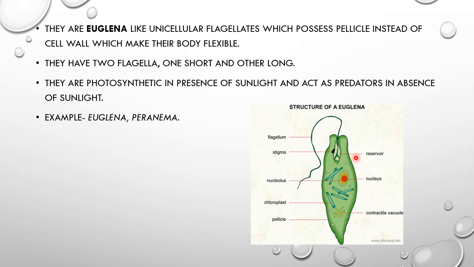Though they are photosynthetic in the presence of sunlight, when sunlight is absent they behave like heterotrophs. When sunlight is present, that time such organisms are photosynthetic ones. When the sunlight is absent, they behave as heterotrophic ones.